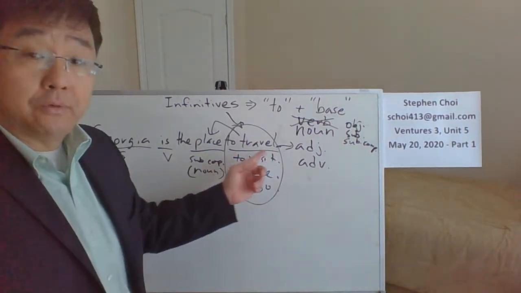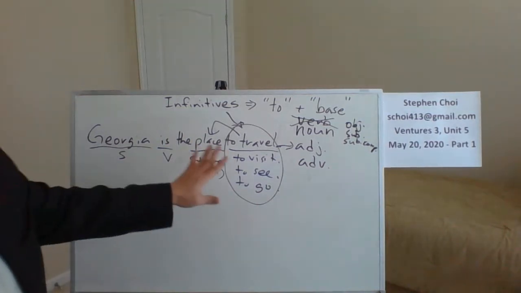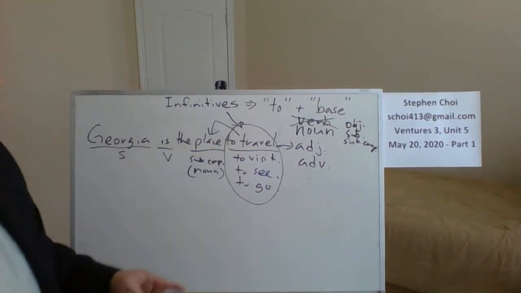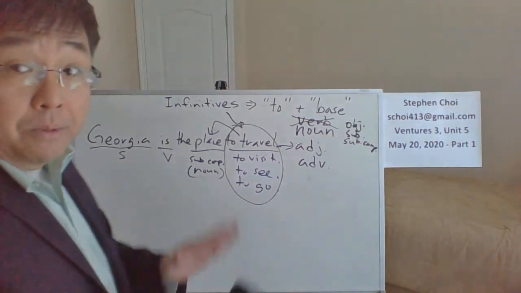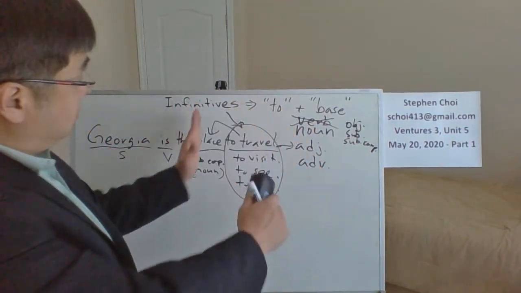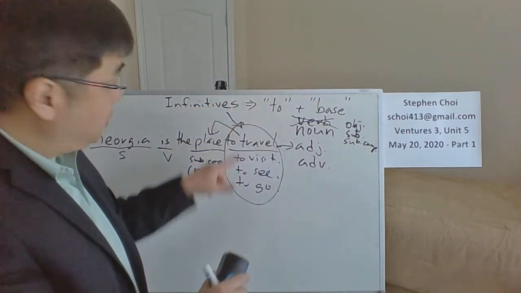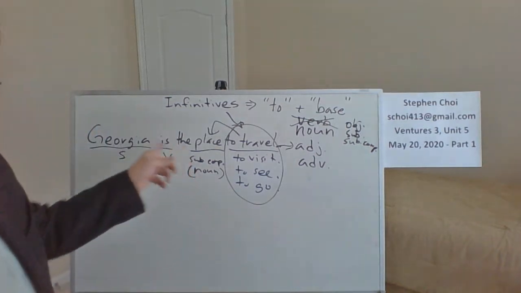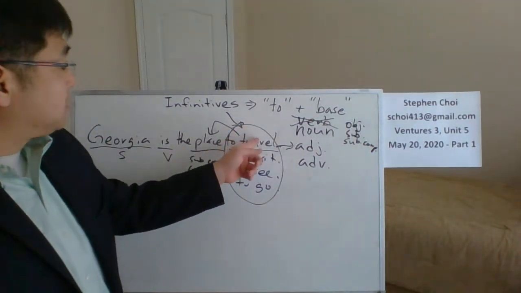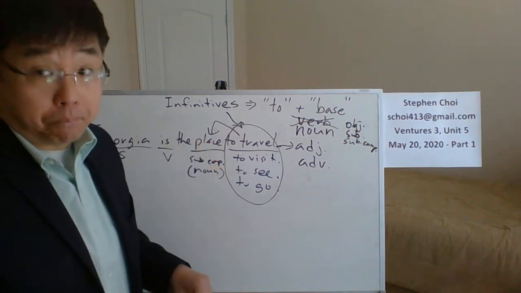It's a place to travel, a place to visit, a place to see, a place to go. So this is an example of infinitives being used as an adjective. Remember, to plus travel, to plus visit, to plus see, to plus go, together as a unit, these are infinitives being used as adjectives. In this particular sentence, these adjectives are describing the noun "place."